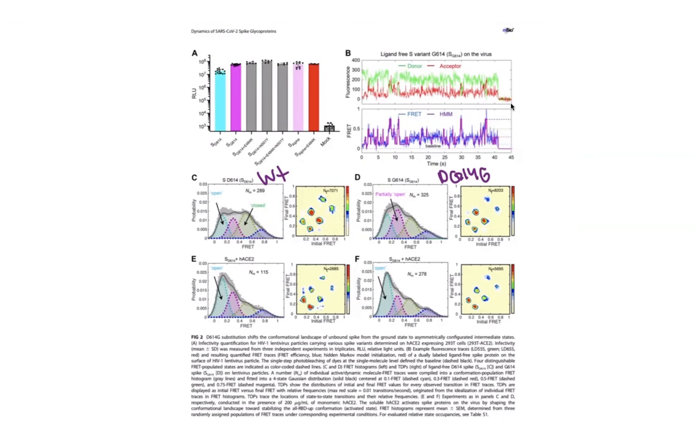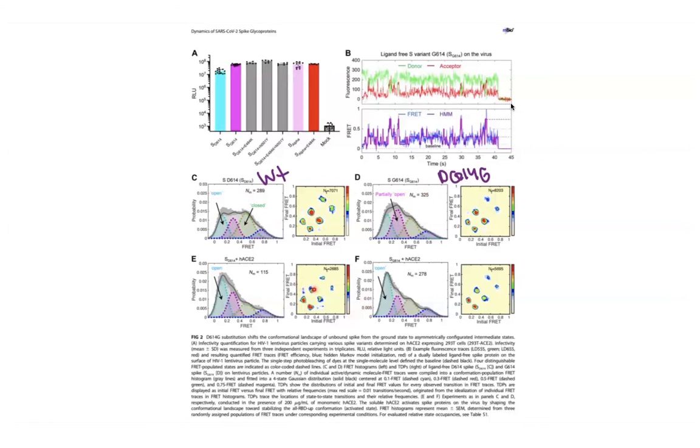And so what they see is that if we look at that wild type, we can see that it spends a lot of time in each of these different states. It spends a lot of time in the closed state, not that much in the open and not that much in this partially open. But what happens with the mutation is now you're spending more time in this partially open state. And this can make it so that it's able to bind ACE2 more readily.